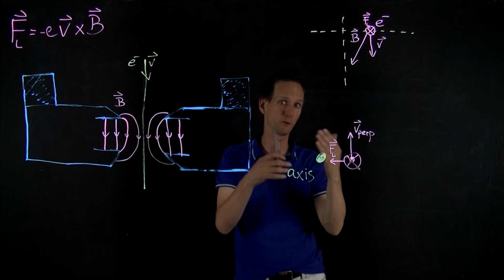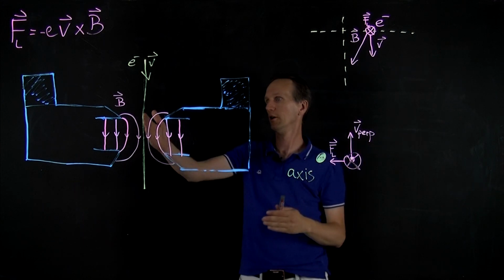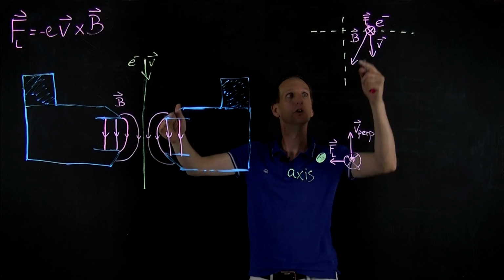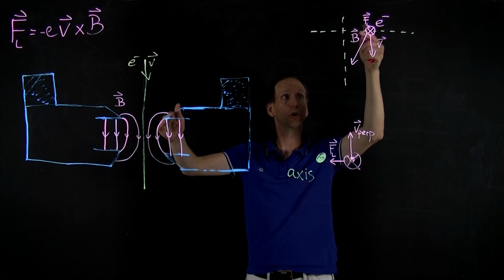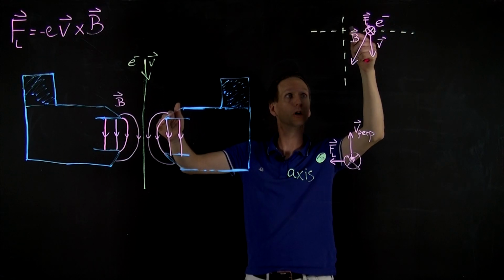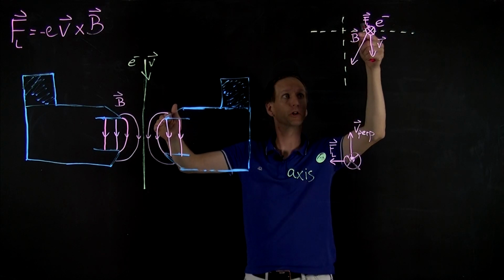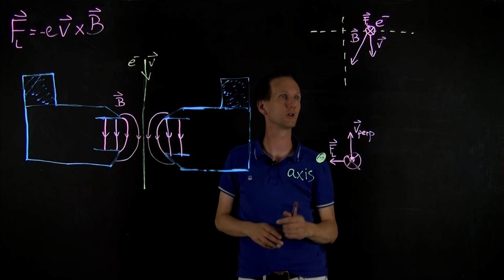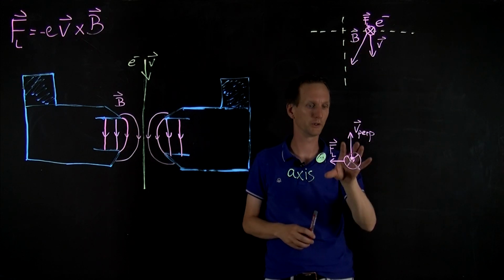And similar to the case we've seen with electrostatic lenses, the further we go outside, the higher the curvature of the magnetic field, the stronger the component pointing towards the axis. So also in this case that will give us a stronger deflection field.